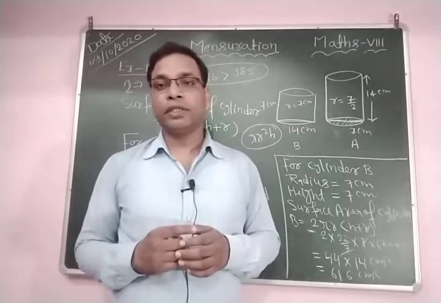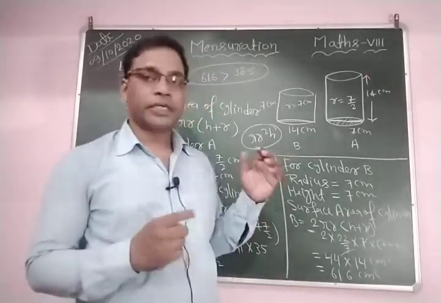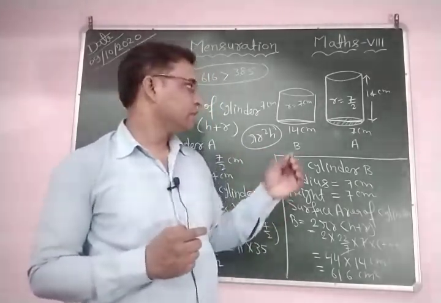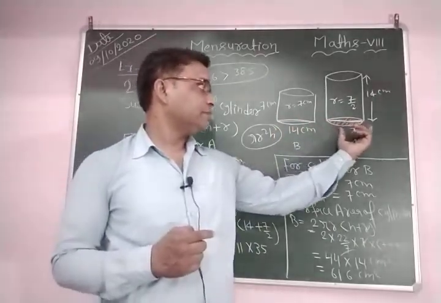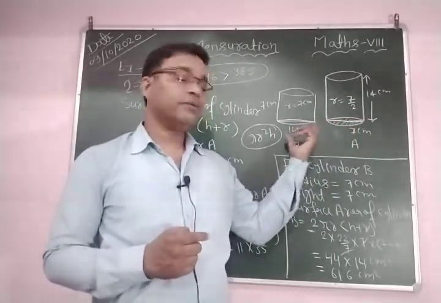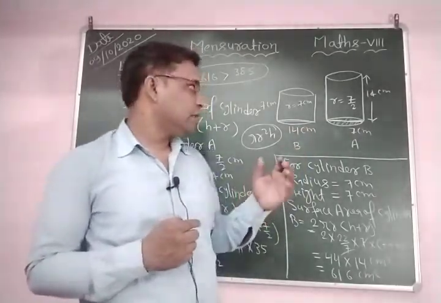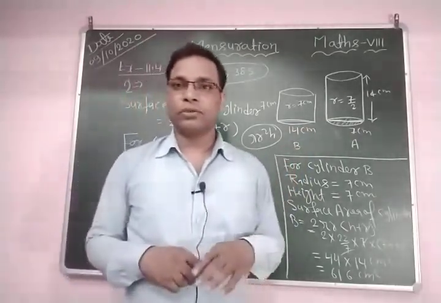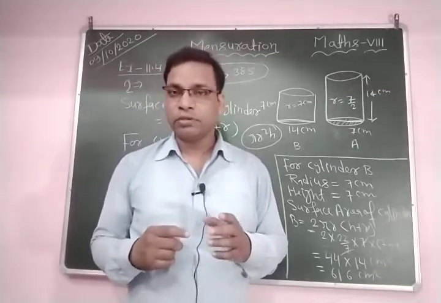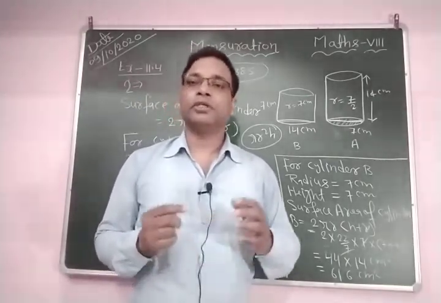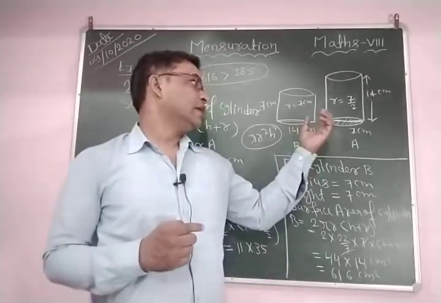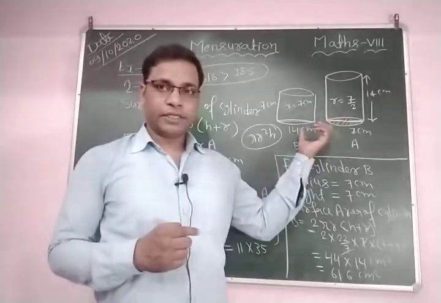For this, first we find the volume of cylinder A and then the volume of cylinder B. Then we obtain that the volume of cylinder B is greater than the volume of cylinder A. So our suggestion is true, because we suggested it without any calculation, only by seeing the radius.